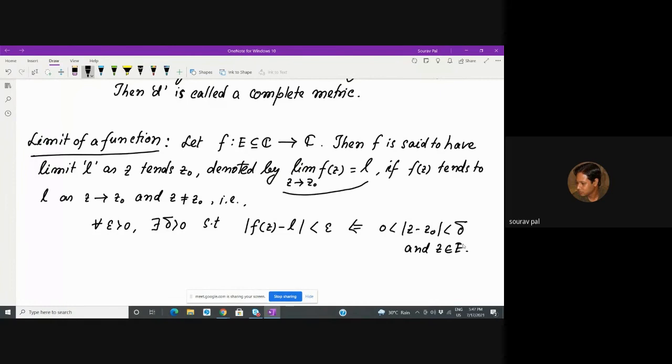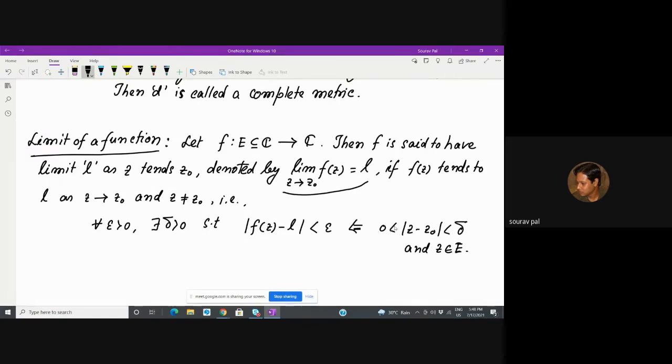So what does this mean? This is just one line. We all know this definition, but what does it mean? The right-hand side represents a punctured disk. Mod z minus z naught less than delta represents an open disk in the complex plane with center z naught and radius delta.